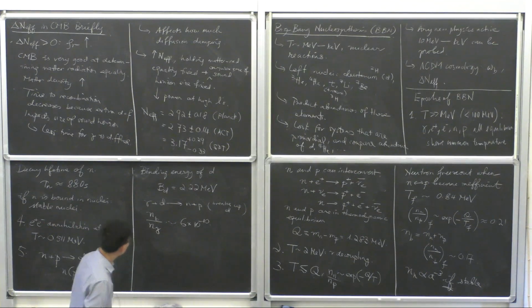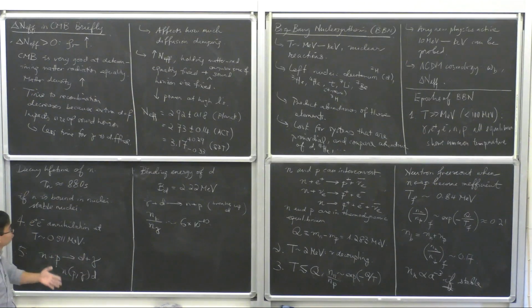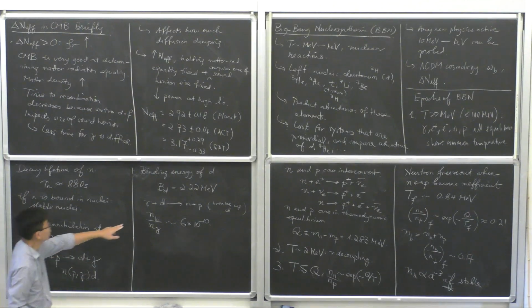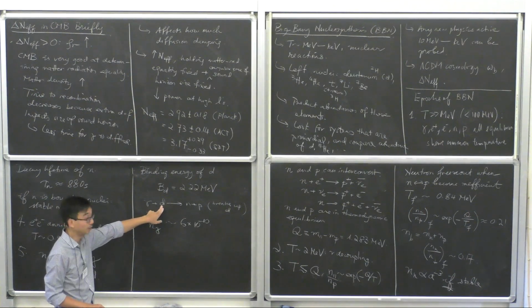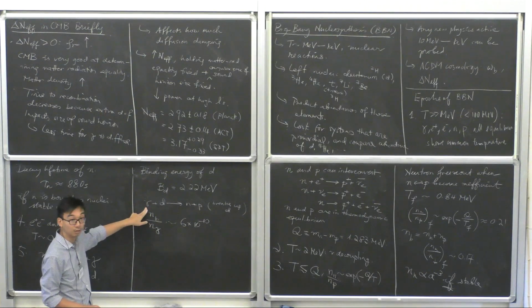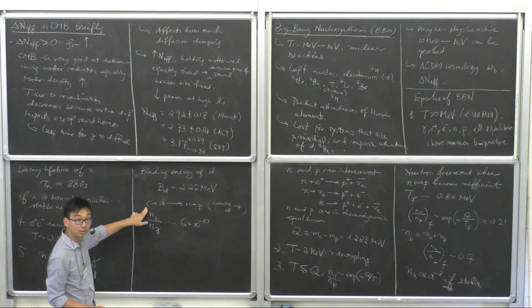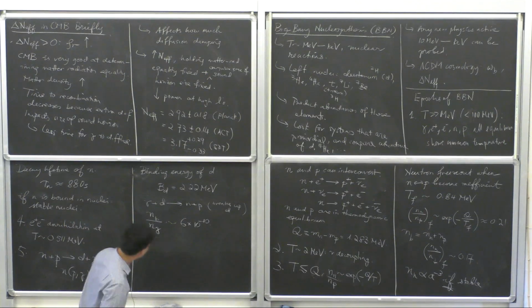And so after neutron freeze out, it's not possible to form deuterium in any significant abundance, because most of it will get broken up by very high energy photons. So when do you have to wait until?